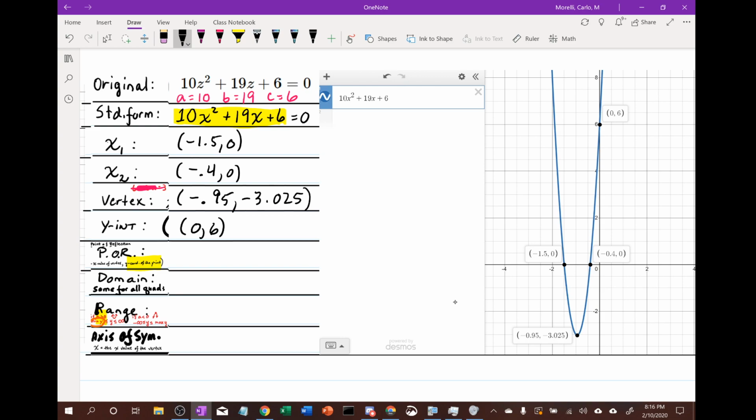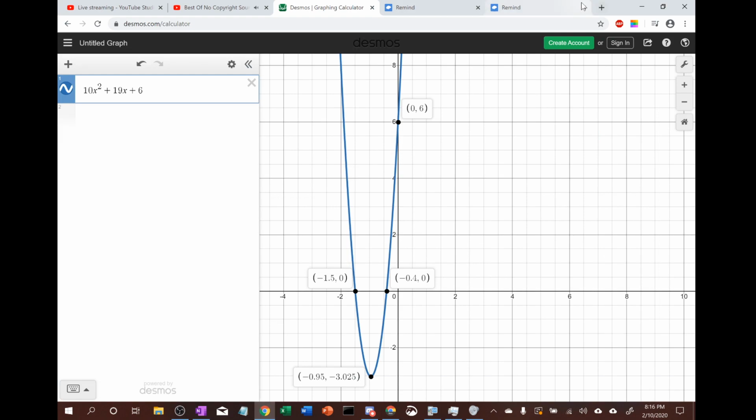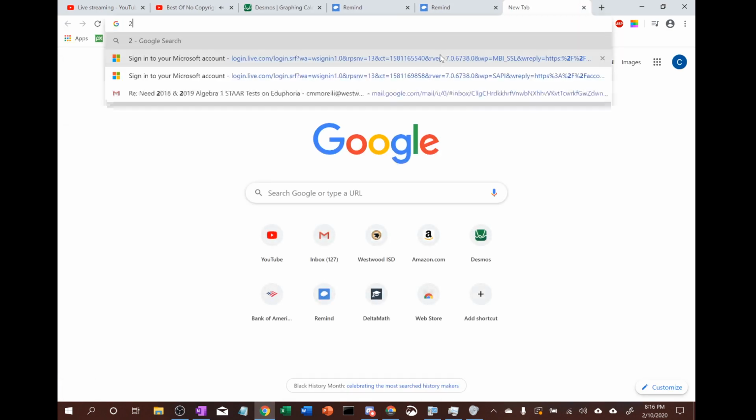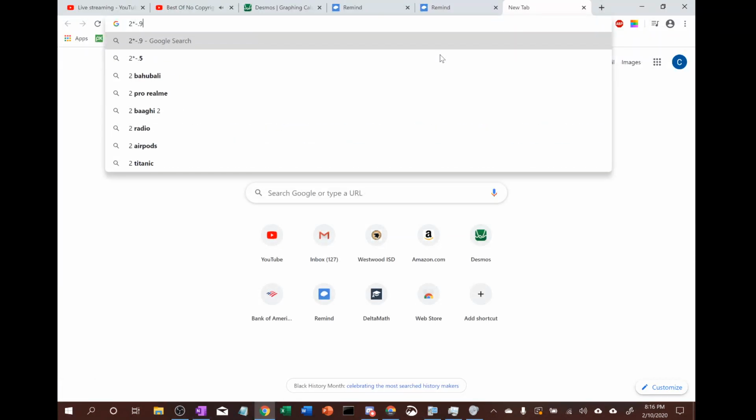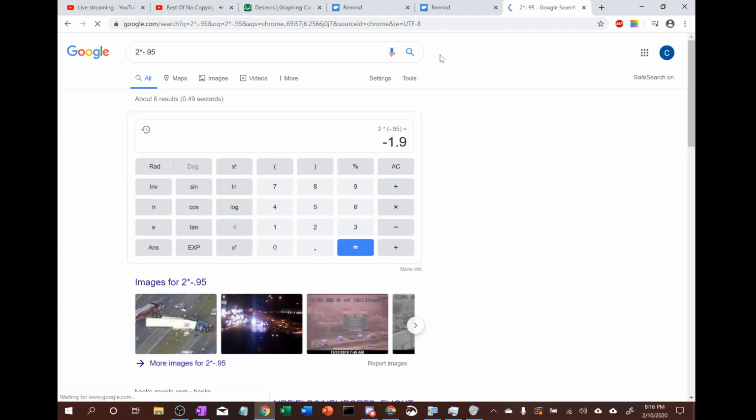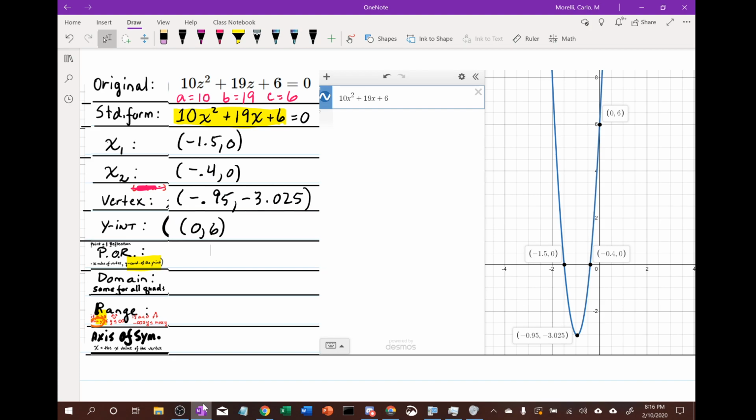Can we do the point of reflection? So what we're going to do is 2 times negative 0.95. Okay, it's negative 1.9. I'll just help you guys out. So that's negative 1.9.